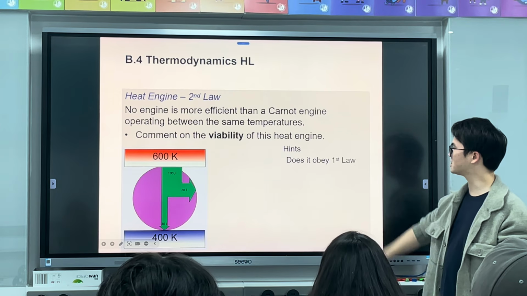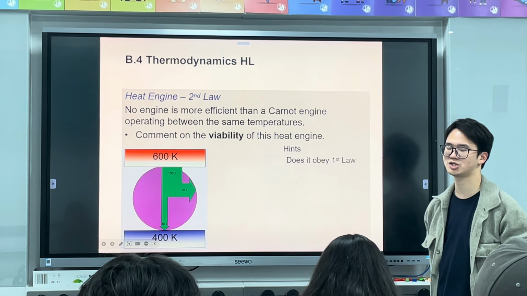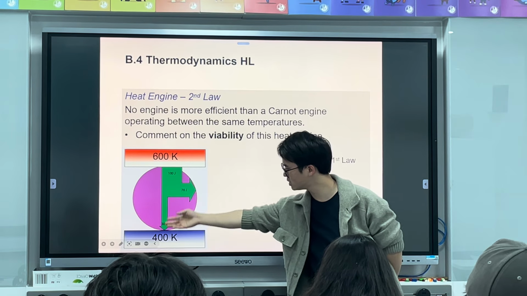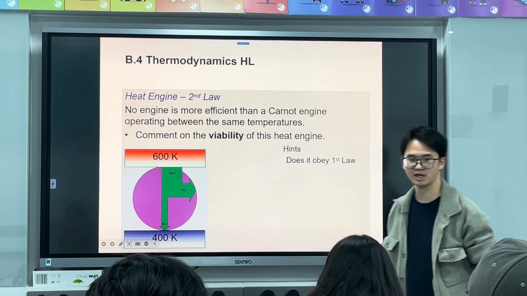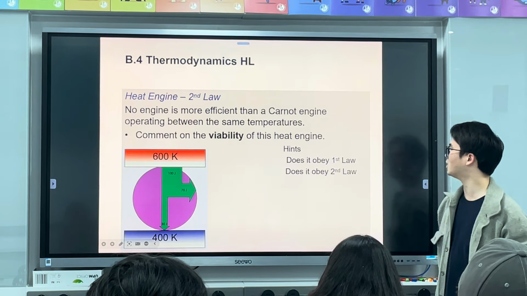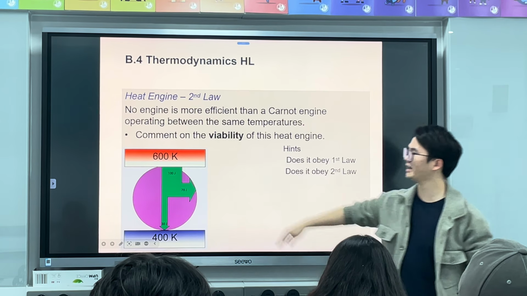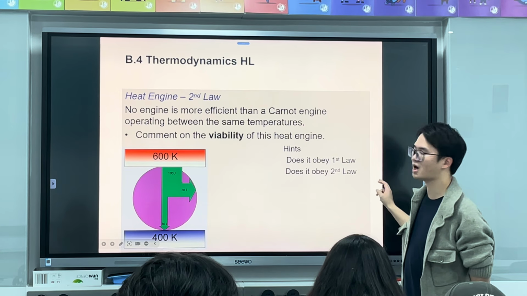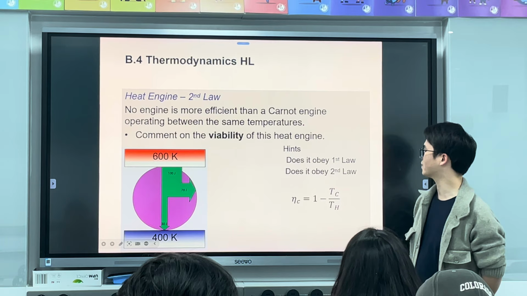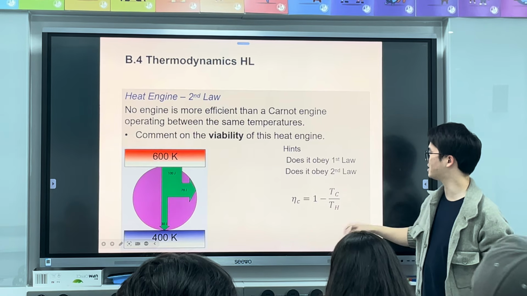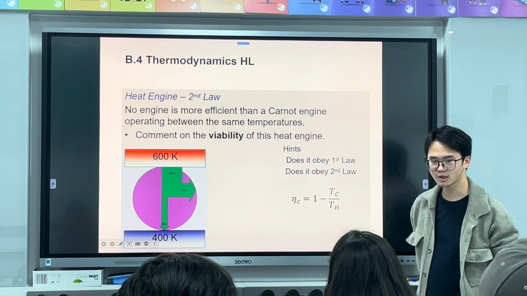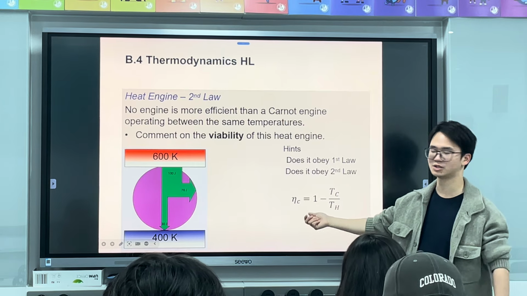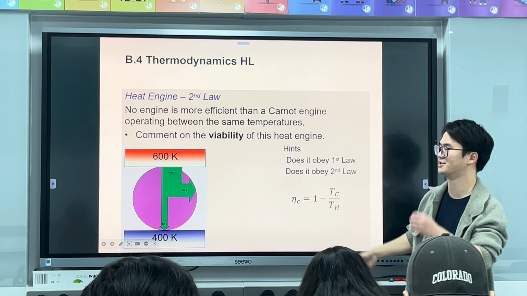First of all, it does obey the first law, energy is conserved: 70 plus 30 equals 100. It does obey the second law. Heat is flowing out from the hot reservoir to the cold reservoir. So we get this equation. This C stands for Carnot, so it's the efficiency for Carnot engine.